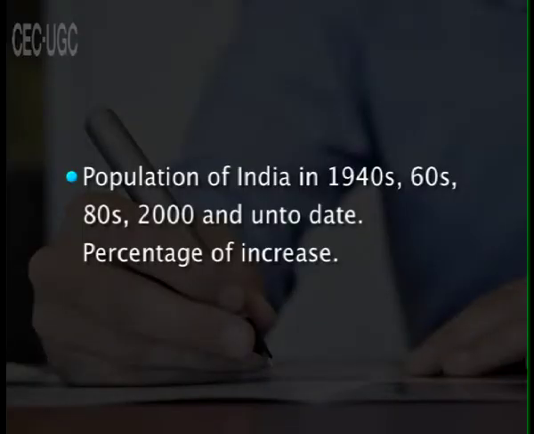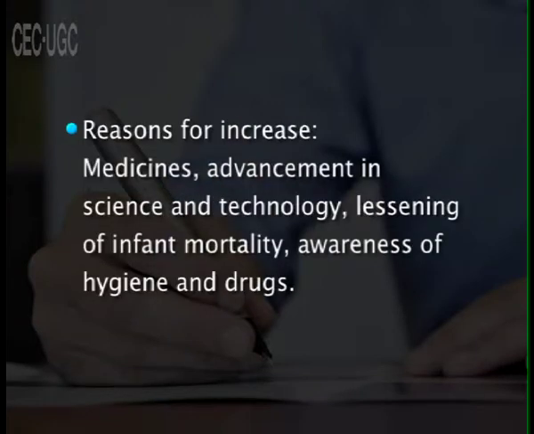The first point, population of India in 1940s, 60s, 80s and up to date, percentage of increase. Second point, reasons for increase. Medicines, advancement in science and technology, lessening of infant mortality, awareness of hygiene and drugs.